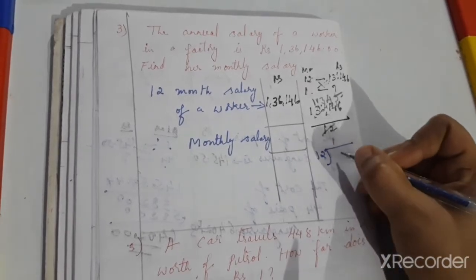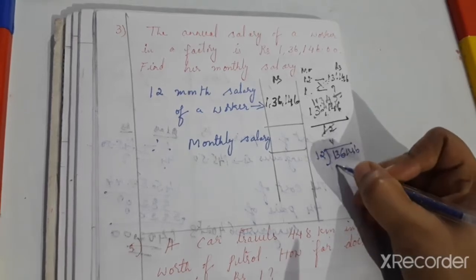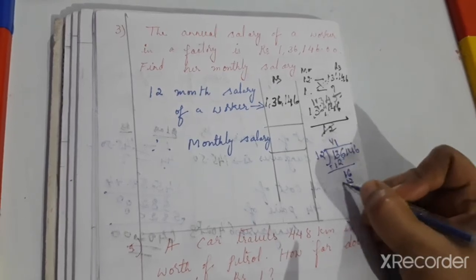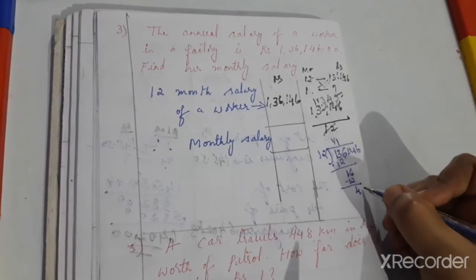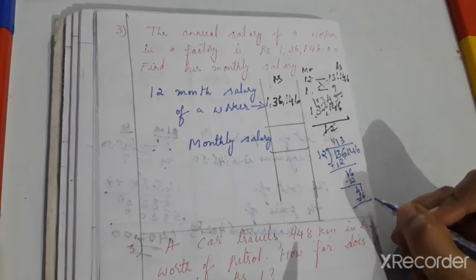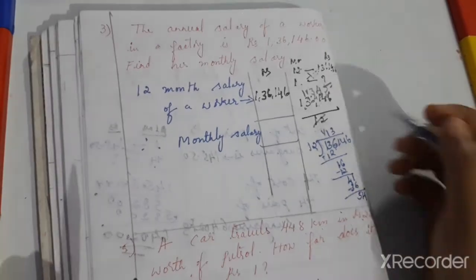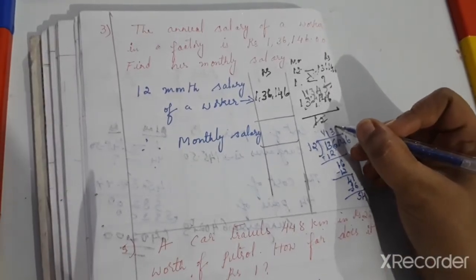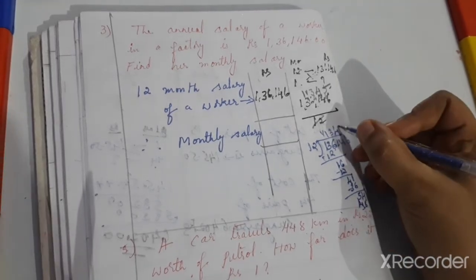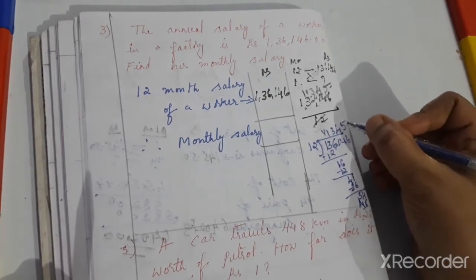Dividing 136,146 by 12: 12 ones are 12, the remainder is 1 carry, so 6. 12 ones are 12, the remainder is 4. Then 12 3s are 36, so 5 and 4, making 54. 54 minus 12 4s, which is 48, gives 6, and if we extend, carry 5.